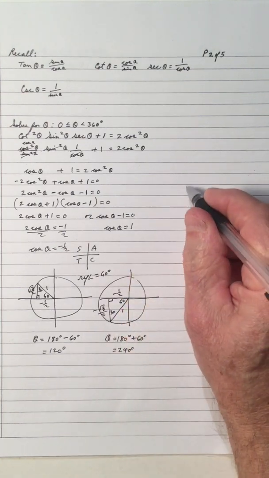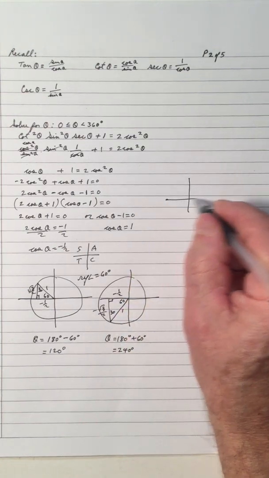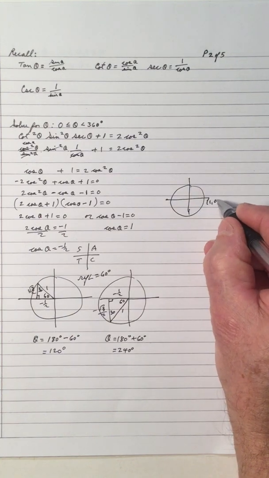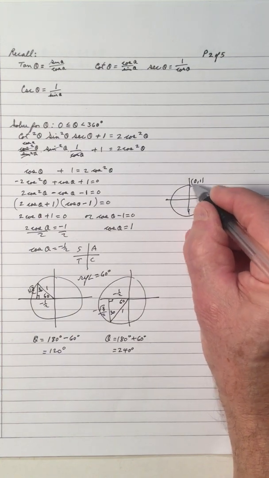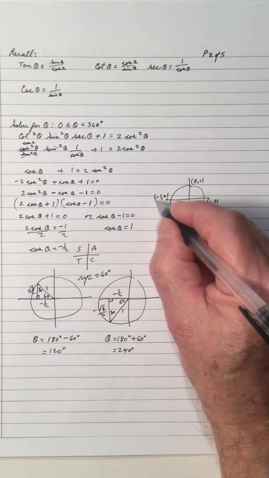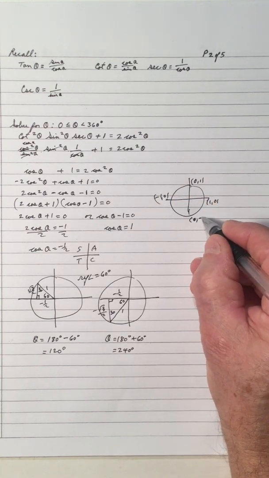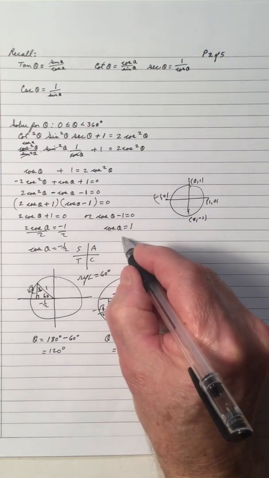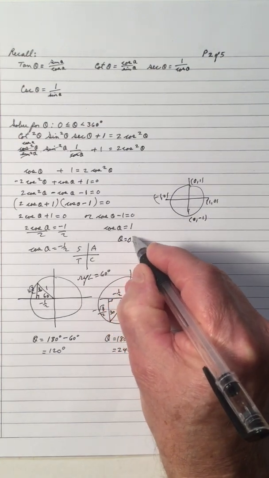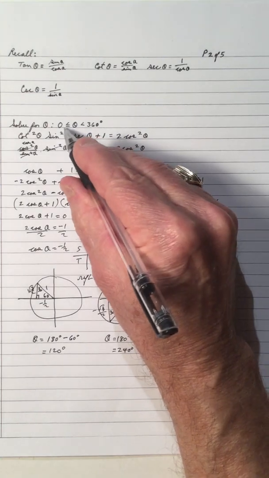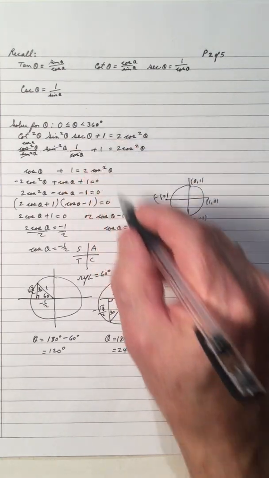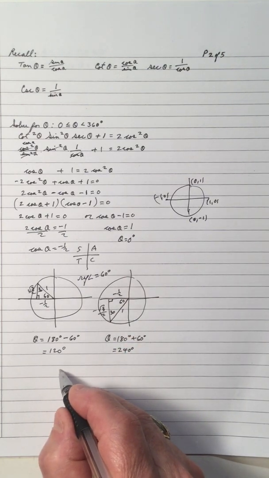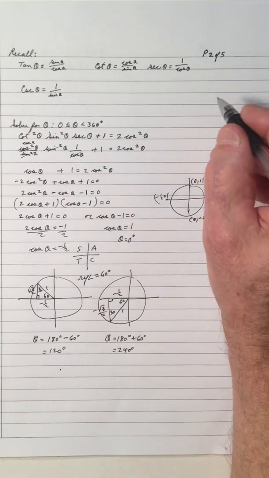And if we think about the unit circle, 1, 0; 0, 1; negative 1, 0; and 0, negative 1, cos is the x. Cos is 1 at theta equals 0 degrees. We're allowed to use 0, we're not allowed to have 360. So 0.